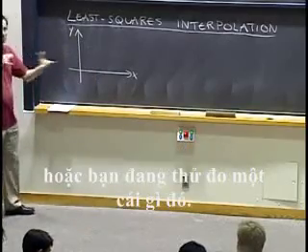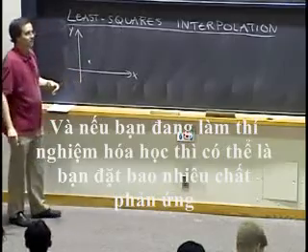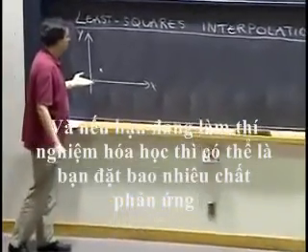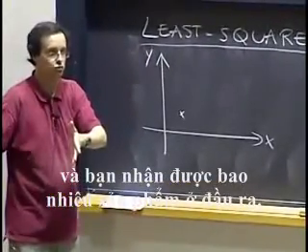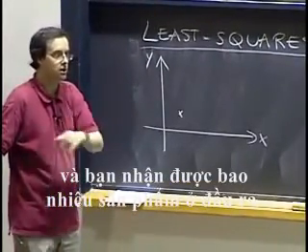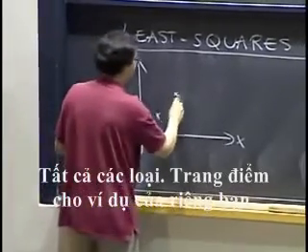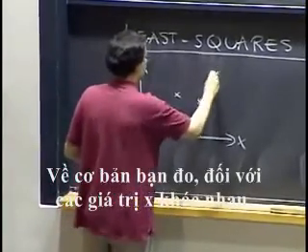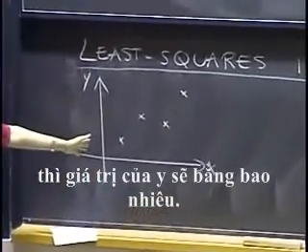Or, if you're doing chemistry, it could be how much you put of some reactant and how much of the output product that you wanted to synthesize is generated. All sorts of things. Make up your own example. But you measure basically for various values of X what the value of Y ends up being.